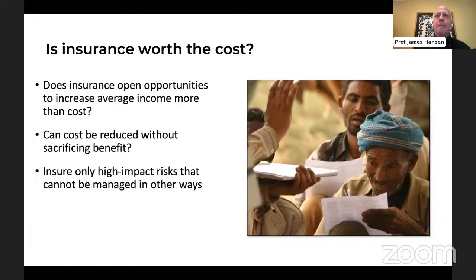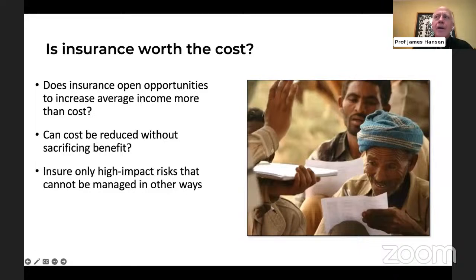And other farmers, if they have options for the type of insurance coverage, some of the decisions that they make may influence the costs. So in general, it's best to insure only high impact risks that farmers cannot manage in other ways. If farmers want big payouts, if they want more frequent payouts, they need to realize that that will increase the cost to them and it might not be cost effective.